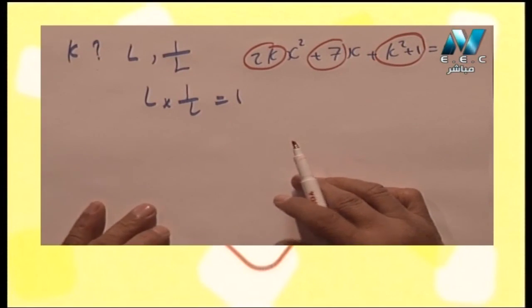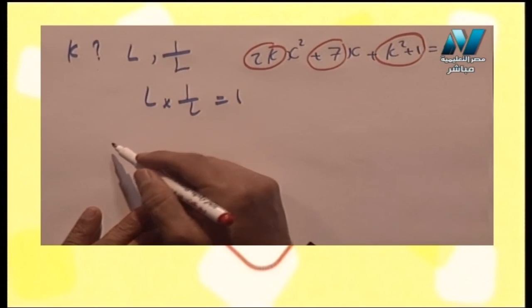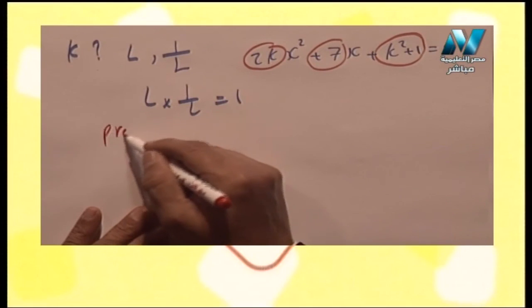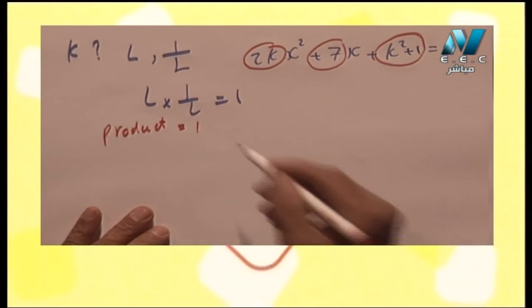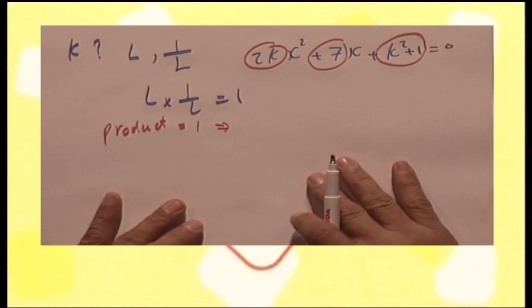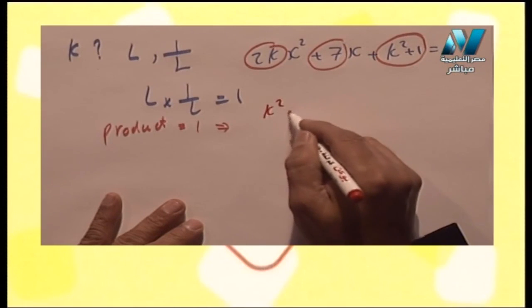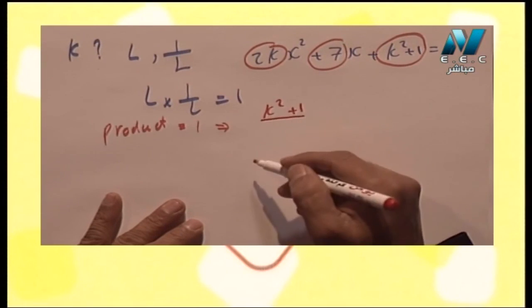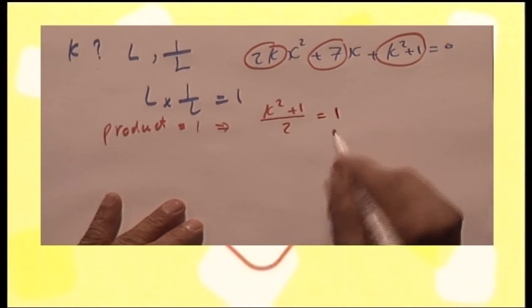So we will find out the product of the two roots. Product here equals what? Equals 1. What is the product here? The product is c over a. What is c? c is k power 2 plus 1, over a, equals 1.